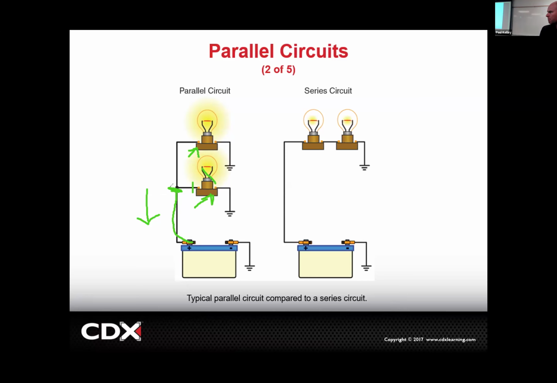If this part's bad, both bulbs aren't working. Exactly. So when we're diagnosing a parallel circuit, we really just break it down into individual series circuits. If both bulbs are out, I'm in this area. If this bulb is out, I'm in this area. If this bulb works, but this bulb is out, I'm in from here to the ground area, right?